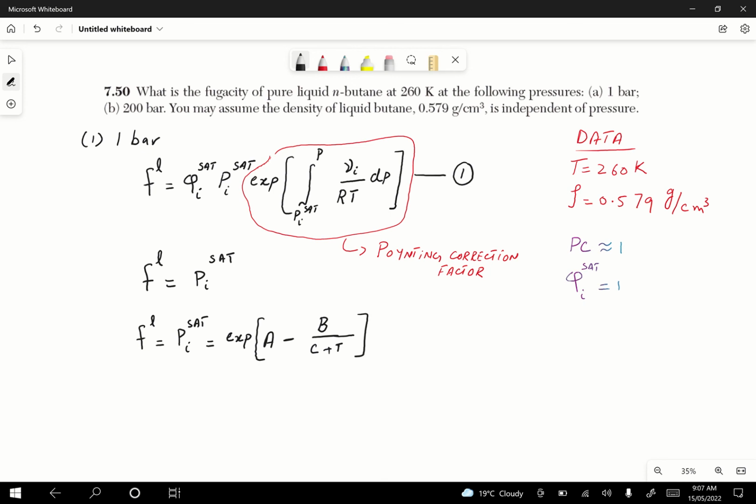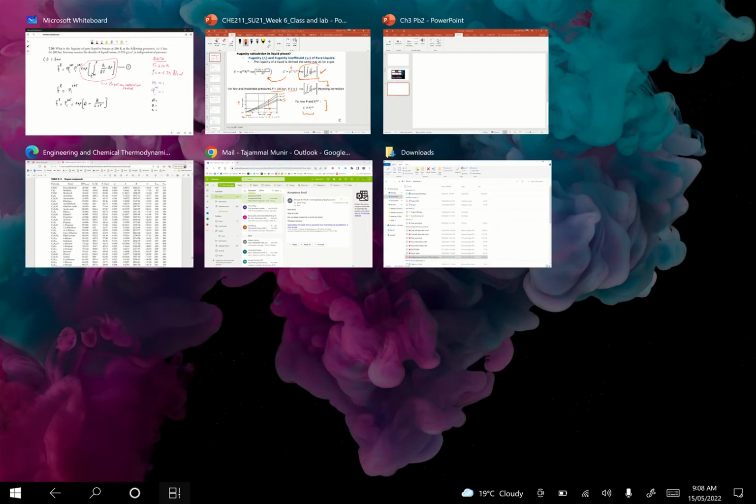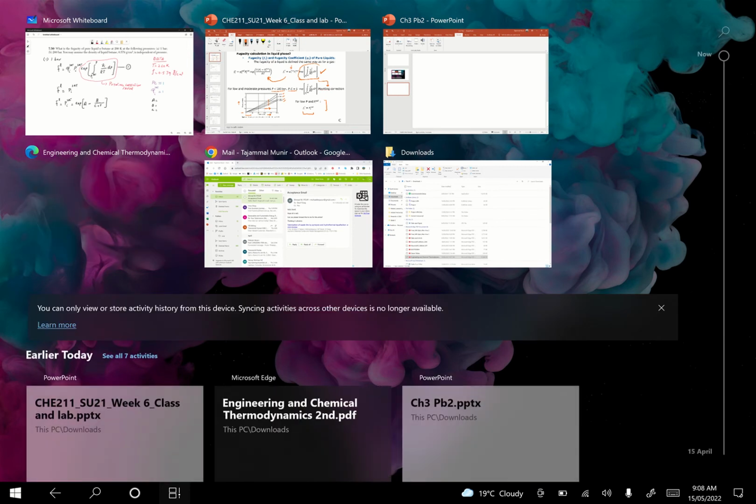Which is used for calculating saturation pressure. Now, from where can we get these A, B, and C values? Temperature is given. We need to check appendix A.1, I guess.